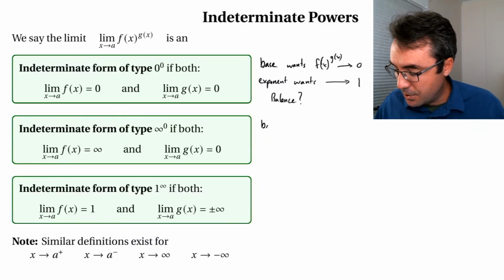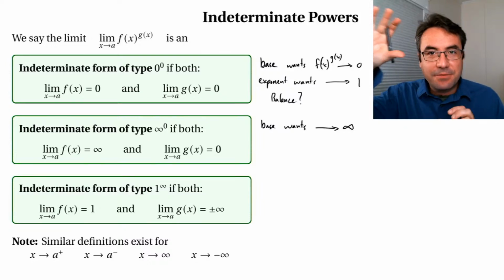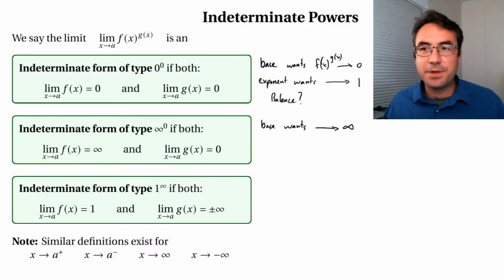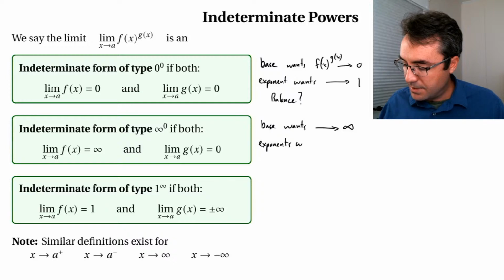So if the base term goes to infinity, it wants the whole expression then to go to infinity as well. But there's a conflict. The exponent term is going to 0. And so we know when the exponent wants to go to 0, it wants to force the whole thing down to 1.